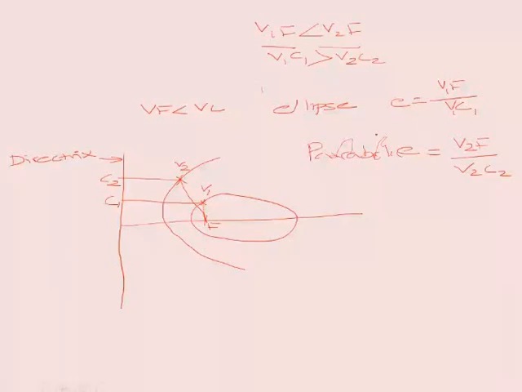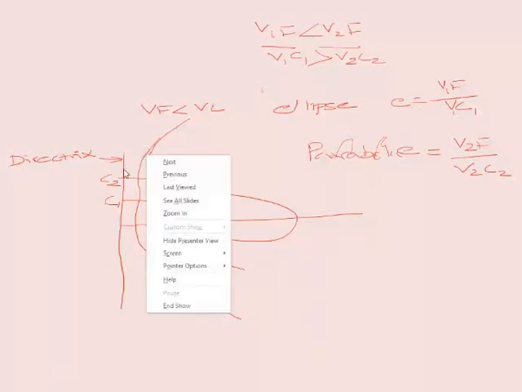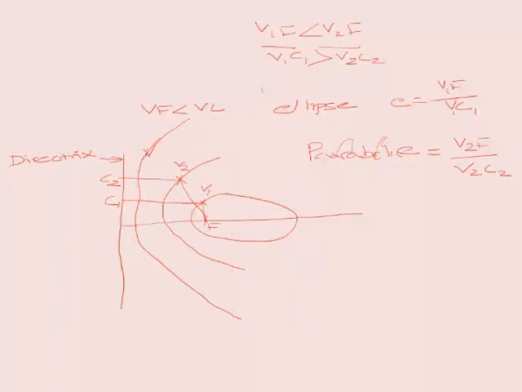Okay. Next, let's make a third curve. It's an open curve, the hyperbola. So let's take a third point, and connect it with the same focus. So this is V3, and that point is C3. Hyperbola.